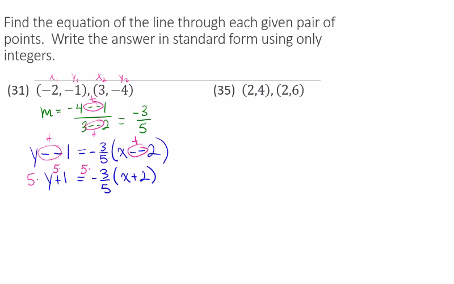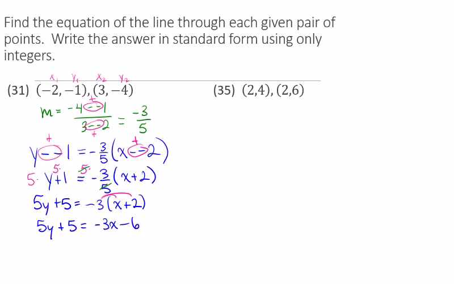So we can see here that 5 times y is 5y, 5 times 1 is 5. The 5's will cancel out here. And so we'll just end up with -3 times the quantity of x plus 2. And so now we can distribute. So we get 5y plus 5 equals -3x minus 6.